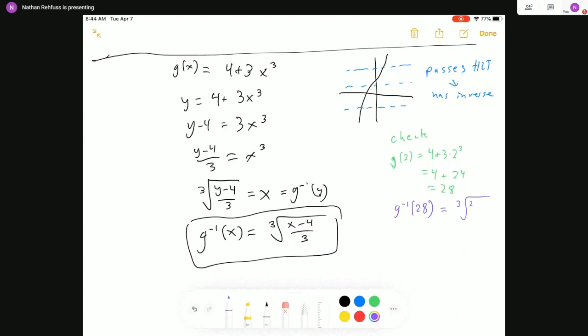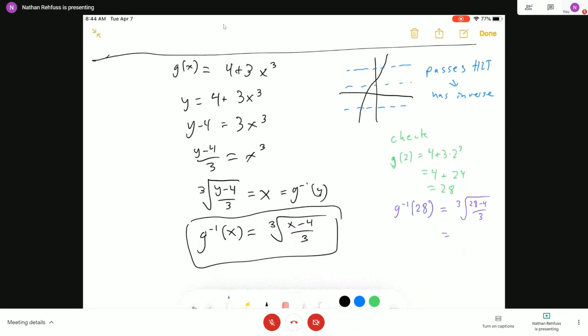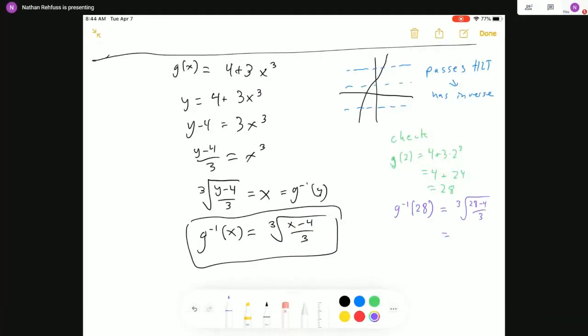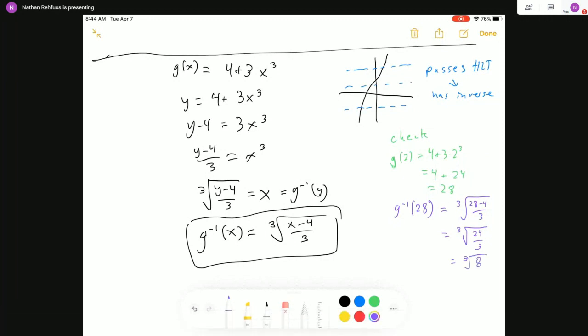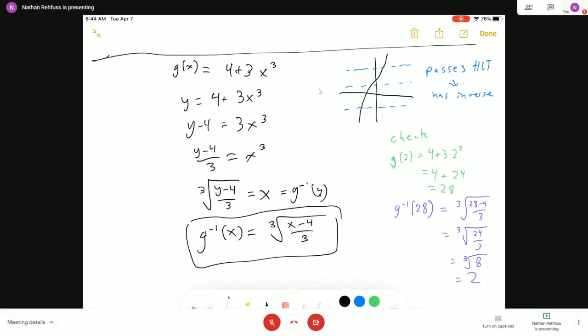That's the cubed root of (28 minus 4) over 3. Since this equation is undoing the other equation step by step, I should be able to watch it undo what I did step by step. So first, 28 minus 4 is in fact 24. So there I got my 24 back. Now I'm going to divide it by 3 to get this 8 back. And now I take the cubed root, and I get my 2 back. So g inverse of 28 really is 2.